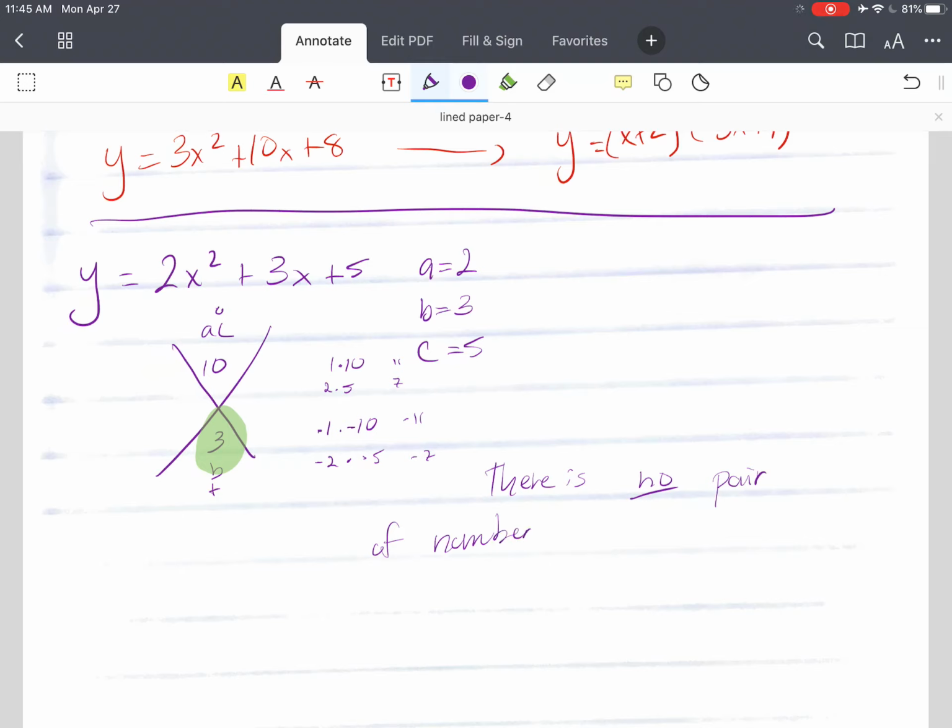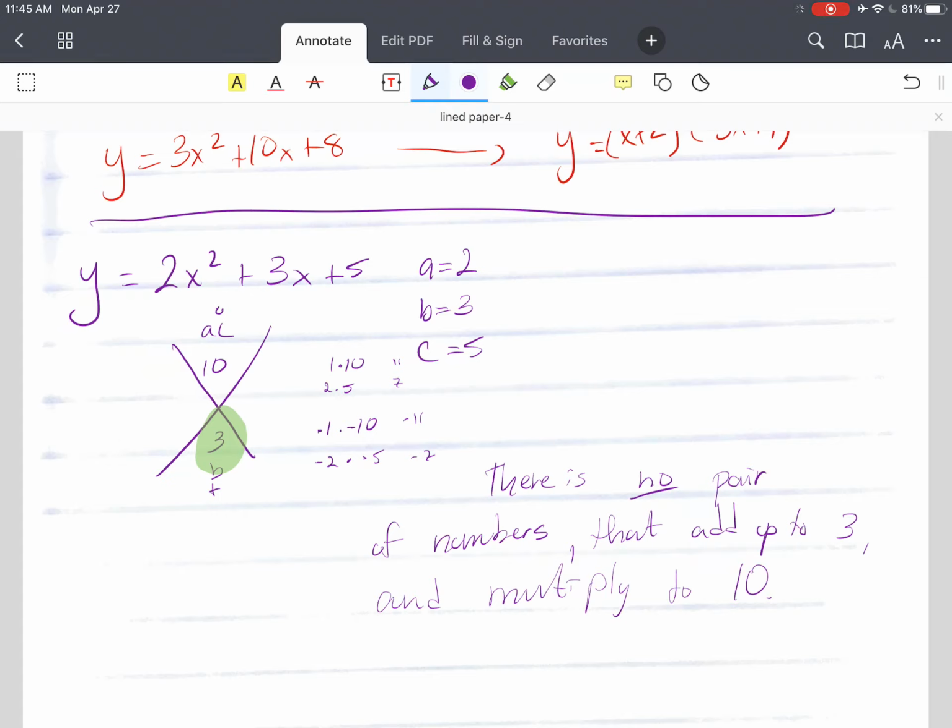There is no pair of numbers that add up to 3 and multiply to 10.